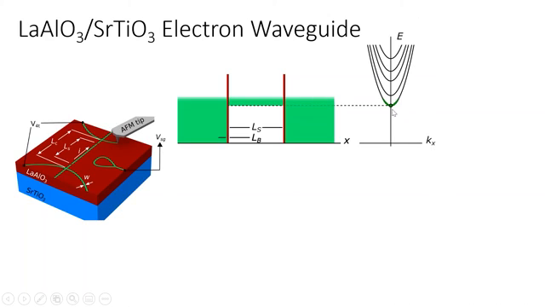So each one of these distinct subbands represents a different lane or a mode for the electrons to travel inside of this quantum wire, and we can allow fewer or more of these subbands to be occupied by adjusting the gate voltage on this side gate.